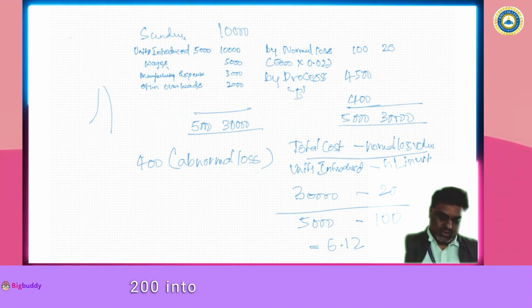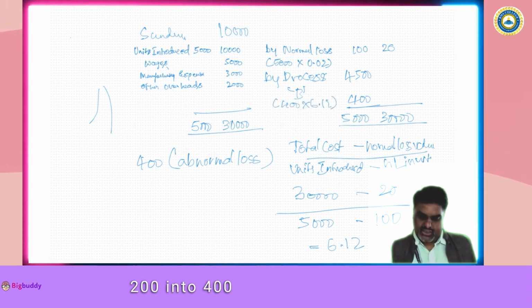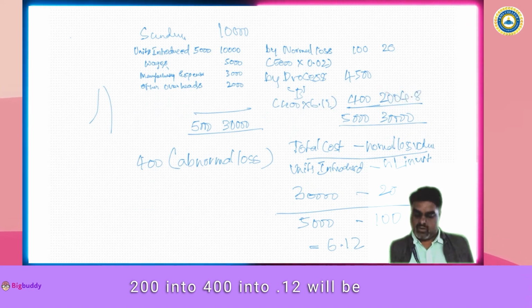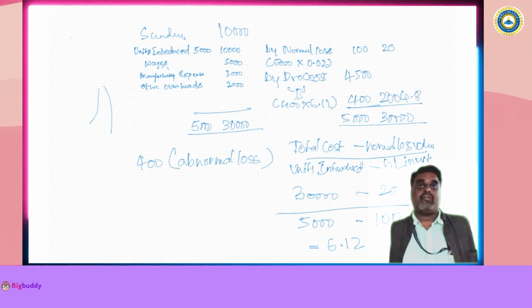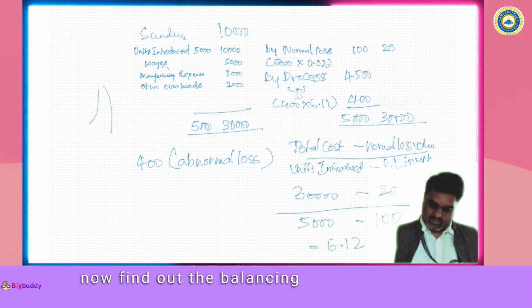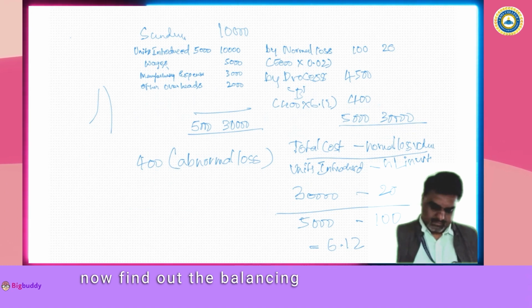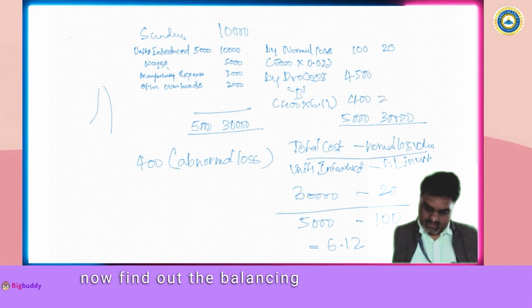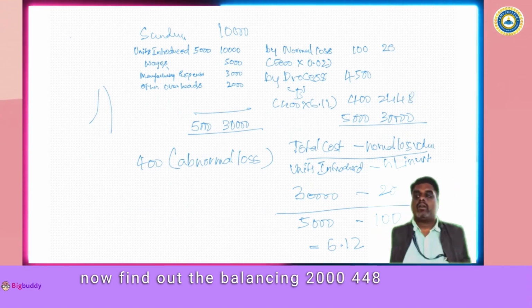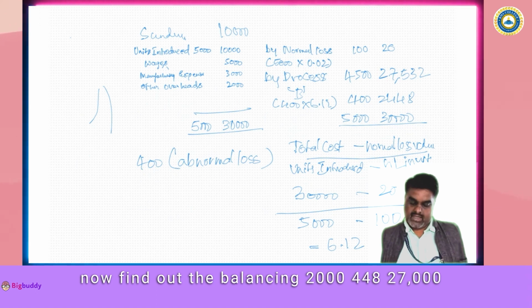So 400 into 6.12 will be 2,448. Now find out the balancing. 27,532.